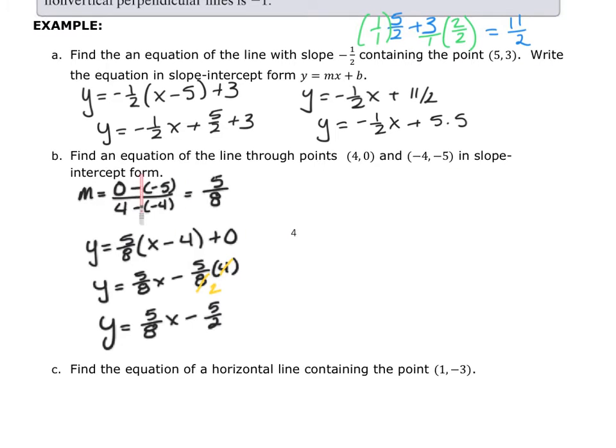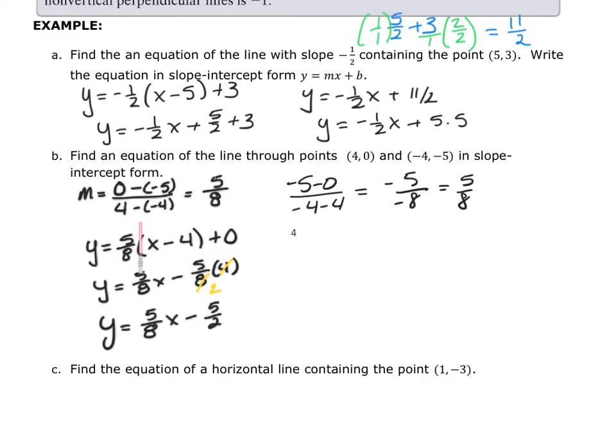If I found the slope by doing -5 minus 0 over -4 minus 4, then I get -5 in the numerator and -8 in the denominator, which still gives you 5 over 8. So it doesn't matter which way we subtract in terms of the slope.